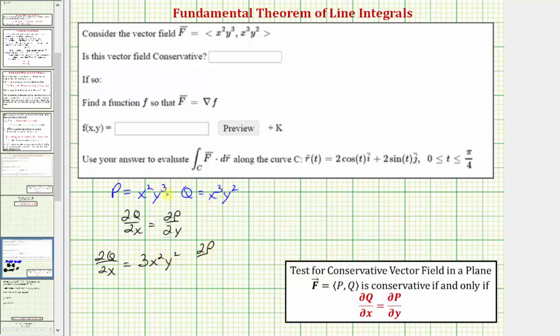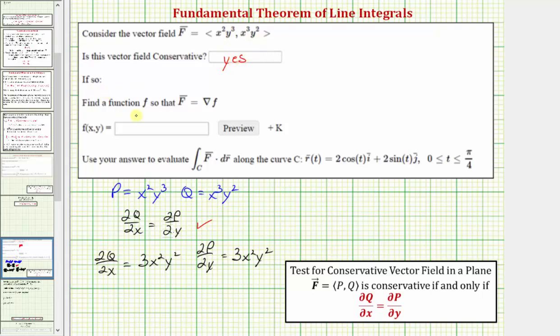And the partial of p with respect to y is equal to the derivative of x squared y cubed with respect to y, which would also be 3x squared y squared. So because these two partial derivatives are equal to each other, we know the given vector field is conservative. So the answer here is yes.